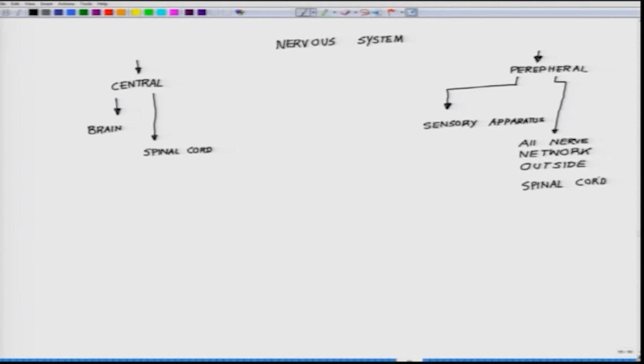so the way it looks like is this. If your brain is like this, and this is your spinal cord. Okay? The one which I have drawn in red.